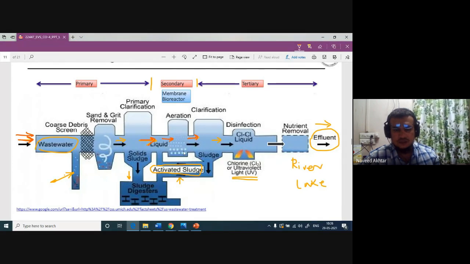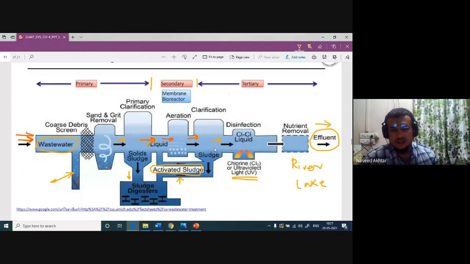After the aeration, it is sent to the secondary clarification, and again the sludge is diverted to the sludge digester. It is called the activated sludge process because we have already added oxygen in the aeration, the bacteria flourish, and the bacteria eat the organic matter and the water treatment is done.